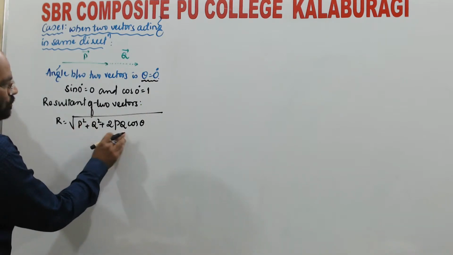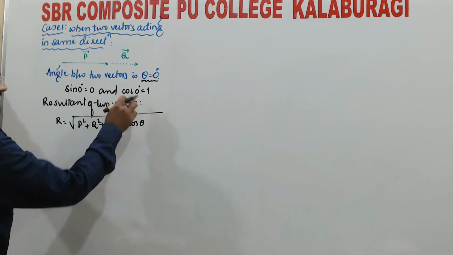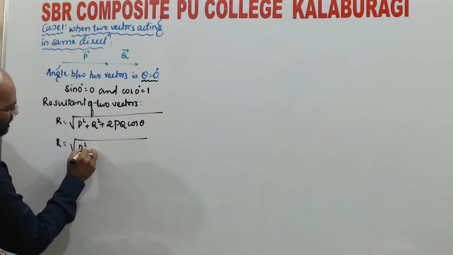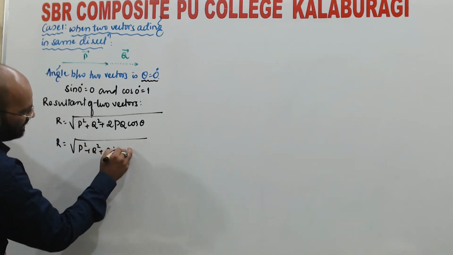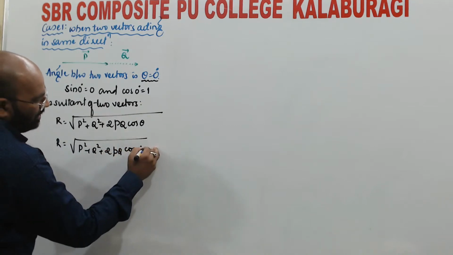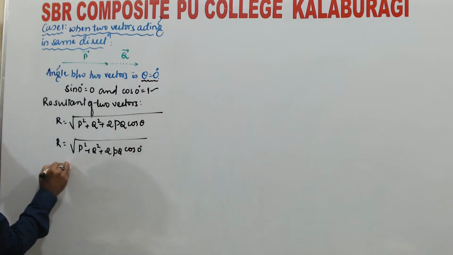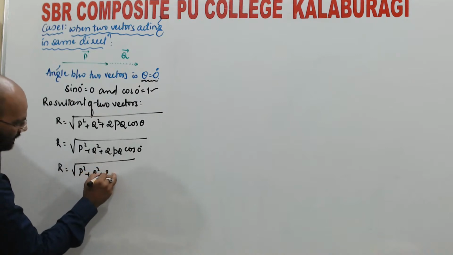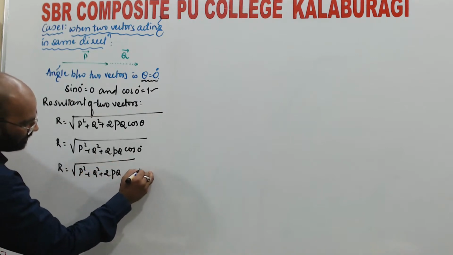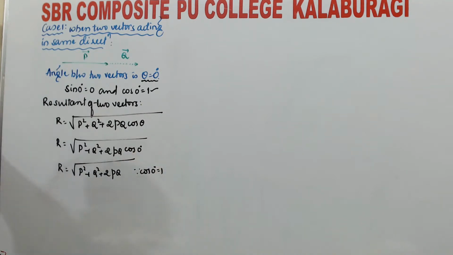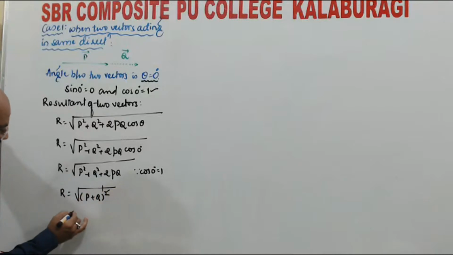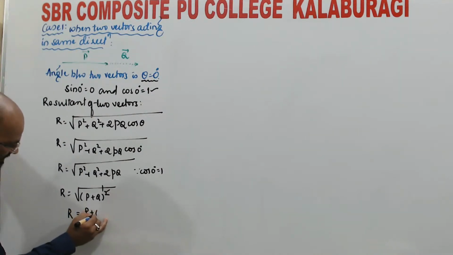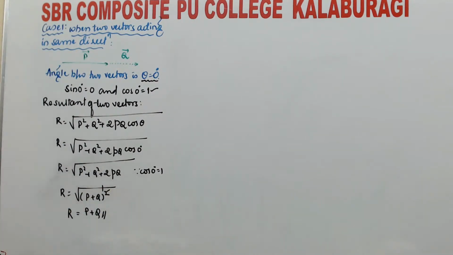Theta is 0, so R equals under root of P square plus Q square plus 2PQ cos 0 degree. Cos 0 is 1, substitute here. So R equals under root of P square plus Q square plus 2PQ, which is P plus Q whole square. The square and root cancel. The resultant of two vectors in the same direction is P plus Q. Then we need to go for the direction.